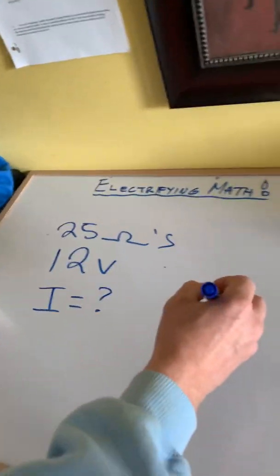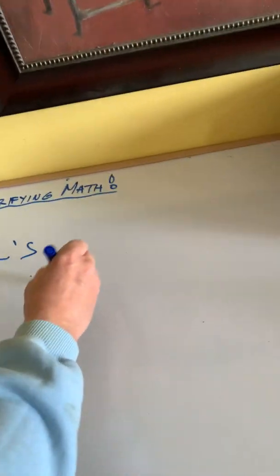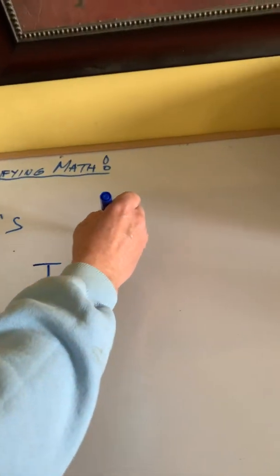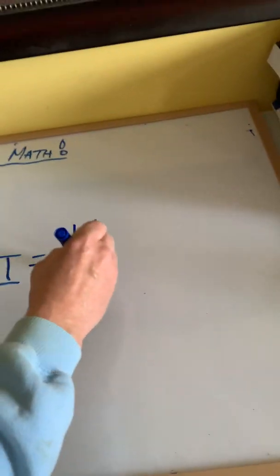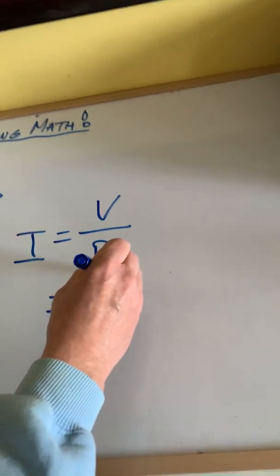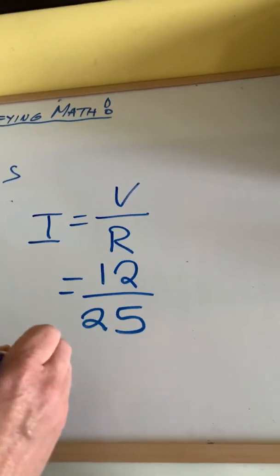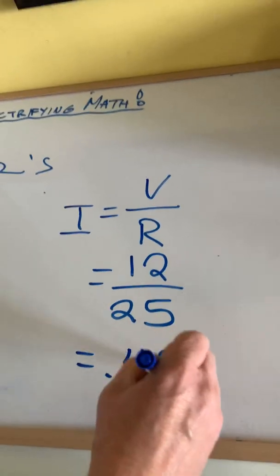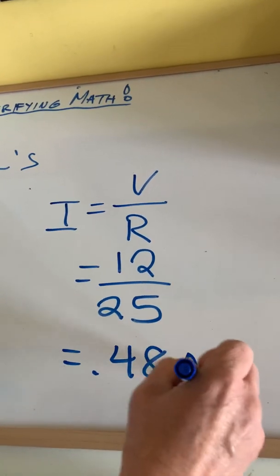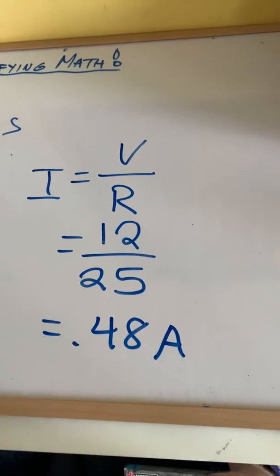So we find that triangle rather easily, and we manipulate it for current equals voltage over resistance. 12 divided by 25, so that's going to be right around a half, which calculates out to 0.48 amps.